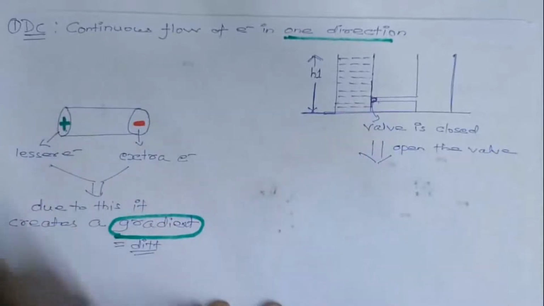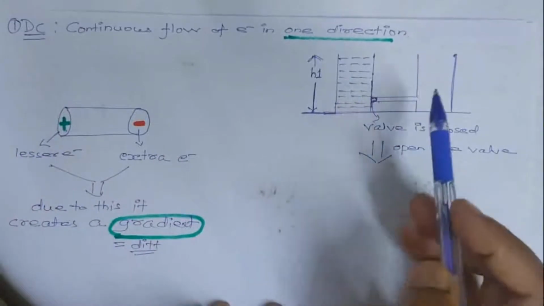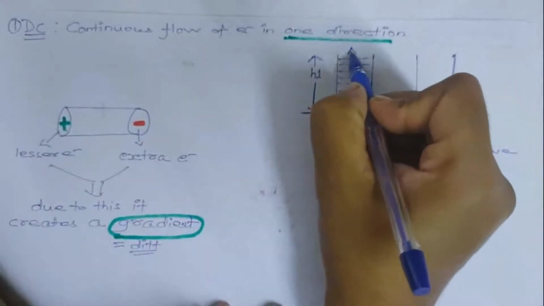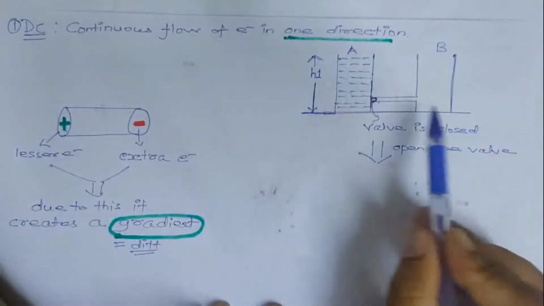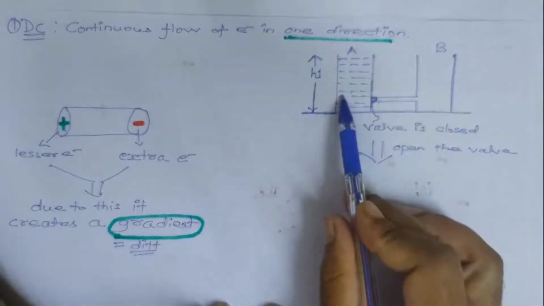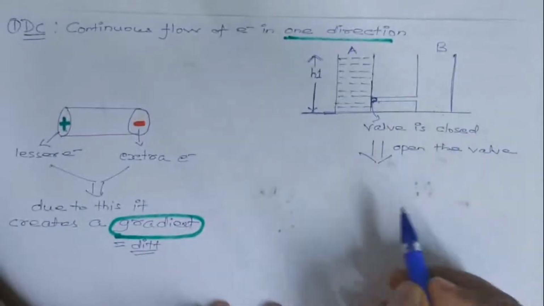When we open the valve, what will happen? The answer is water will flow from, let us name them, container A to container B till the level of water in both A and B becomes equal. Agree?